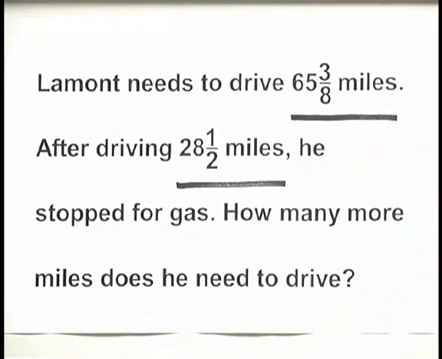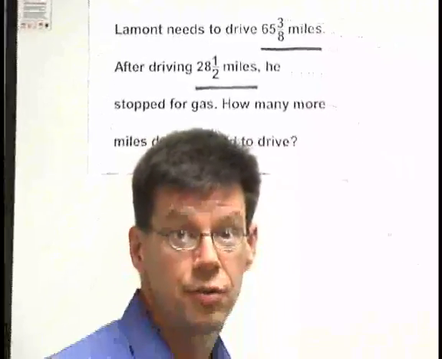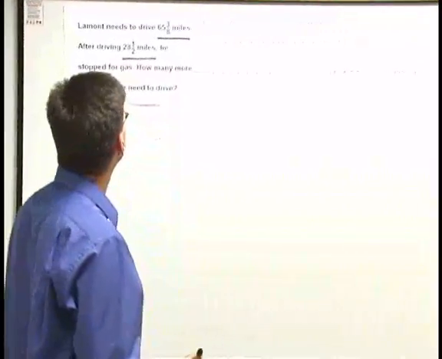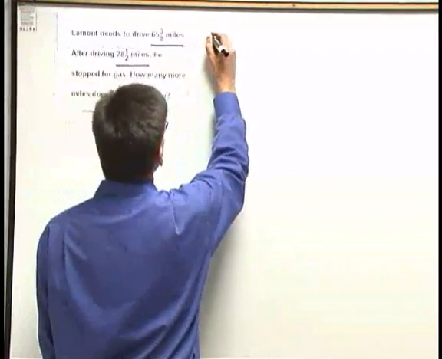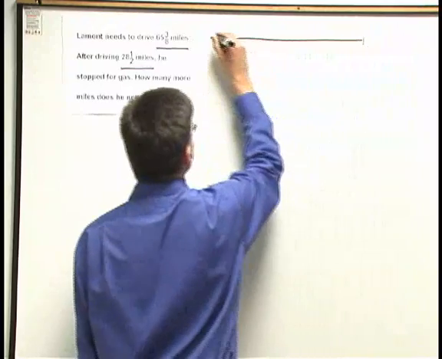Since distances are involved in this problem, let's draw a picture to illustrate how these distances are related to each other. Lamont needs to drive 65 3/8 miles total.